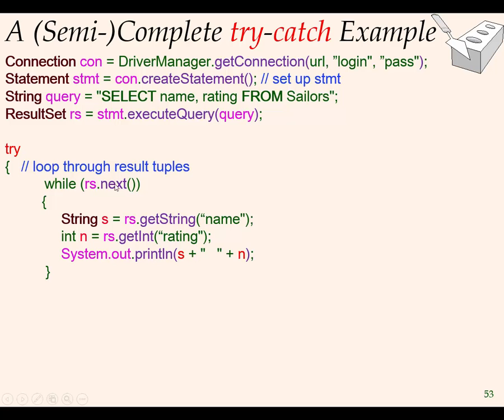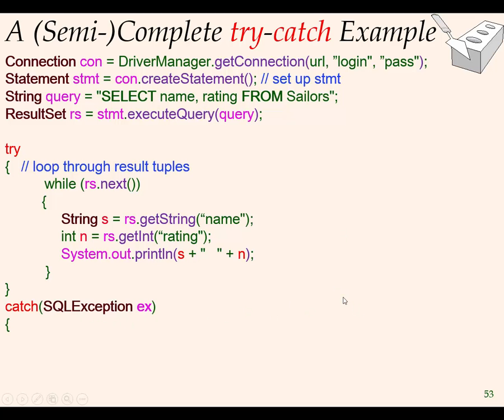So I'm going to loop through the result set, and I'm going to get the first one in S. I'm going to get the next one. I know it's an integer, right? So I can use System.out.println to print the name and the rating. But please note the getString and the getInt. And this is the end of the try block, and I can have a catch block that will catch exceptions.